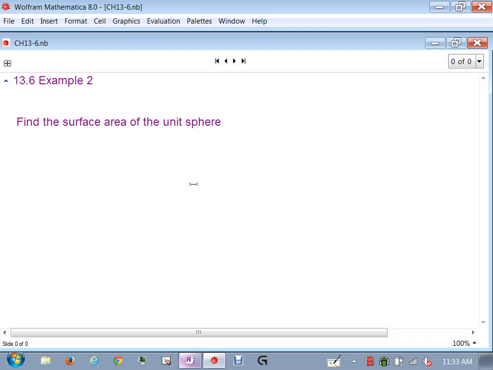Okay, so if this is the unit sphere, it has a radius of 1, what should our answer be? Just 4 pi. So I have a question for you. Let's see how difficult you want this to be.